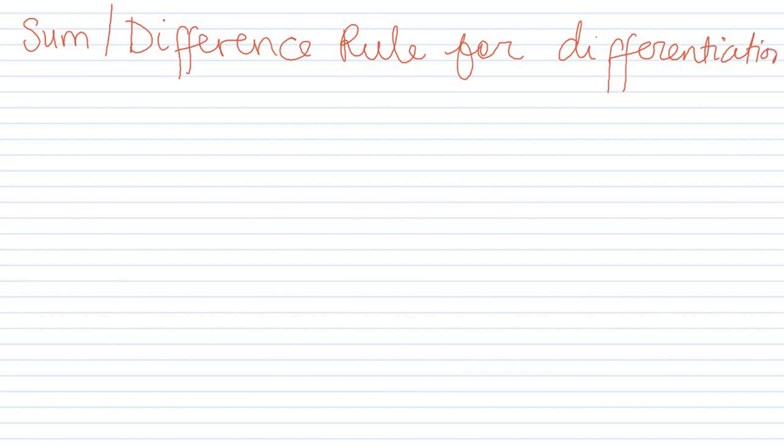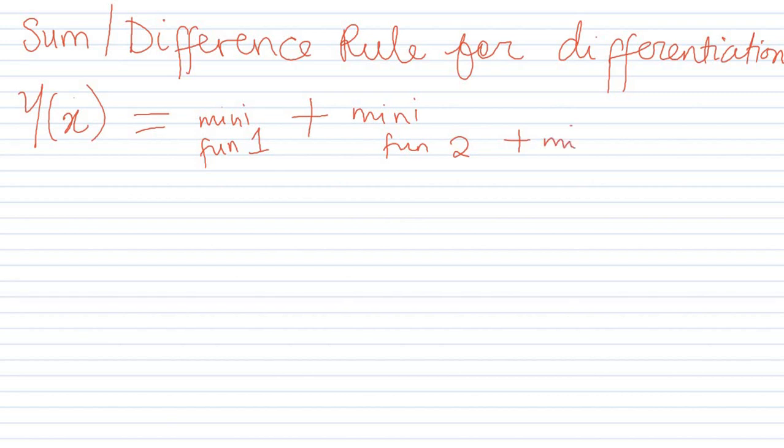So what you're saying is, if you're given a main function, y of x, and that function comprises mini functions, so mini func 1 plus mini func 2 plus or minus mini func 3, and so on.